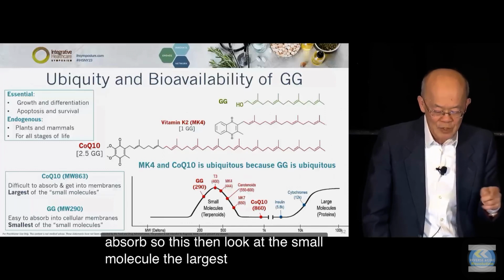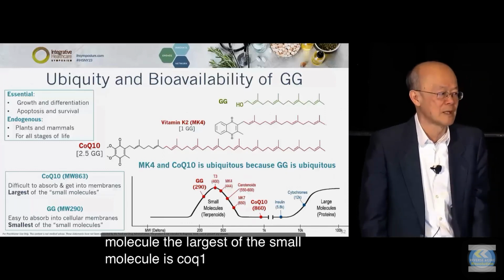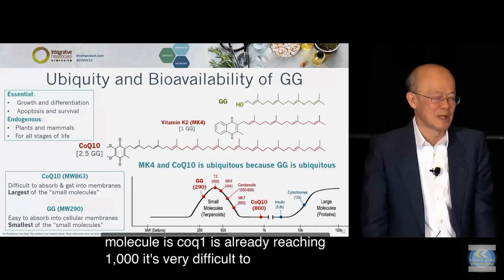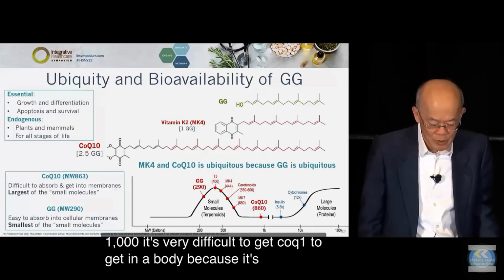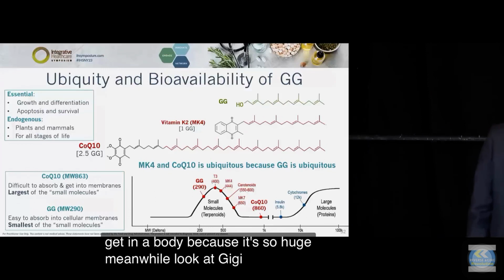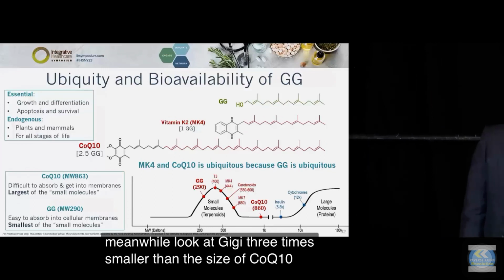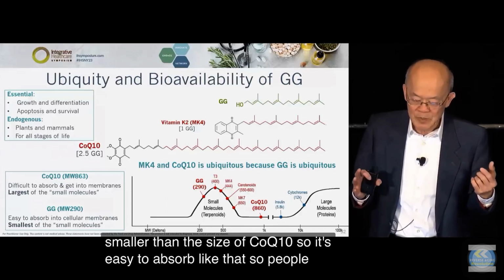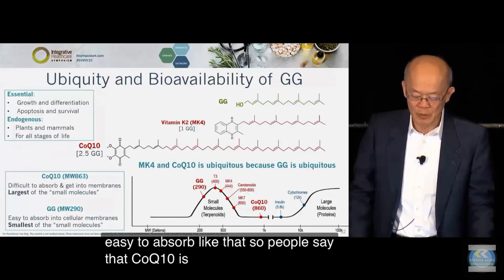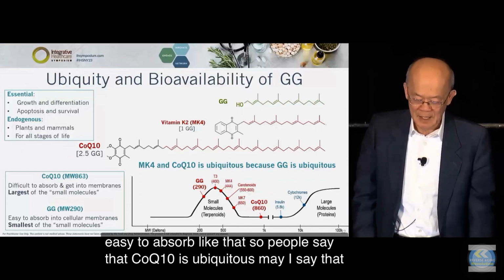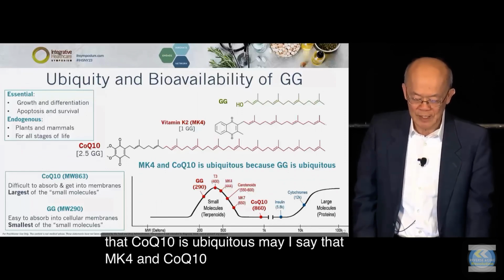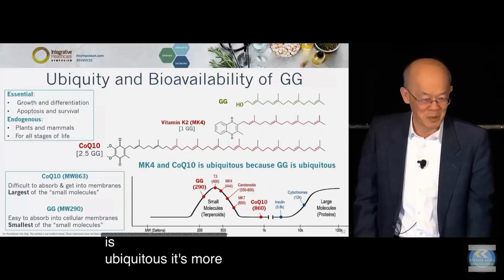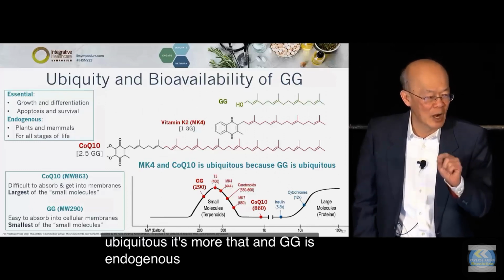The largest of the small molecules is CoQ10. It's already reaching 1,000. It's very difficult to get CoQ10 into our body because it's so huge. Meanwhile, look at GG, three times smaller than the size of CoQ10. So it's easy to absorb like that. People say that CoQ10 is ubiquitous. May I say that MK4 and CoQ10 are ubiquitous because GG is ubiquitous. It's more than that, and GG is endogenous in your body.